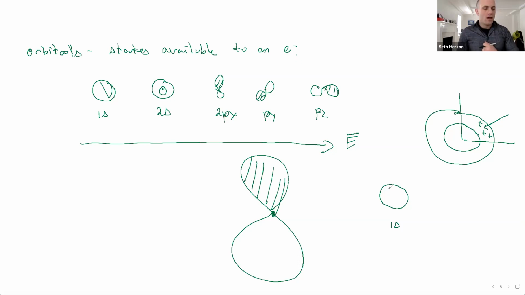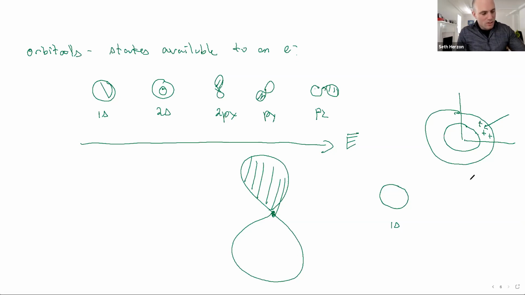Okay. Now, if we go to 2s, there's a node, okay? And maybe part of what's challenging is the nodes take on different shapes. Nodes can be points, nodes can be a two-dimensional plane, or they can be this sphere.